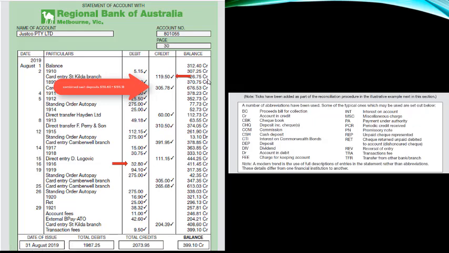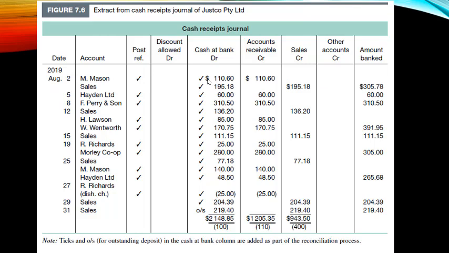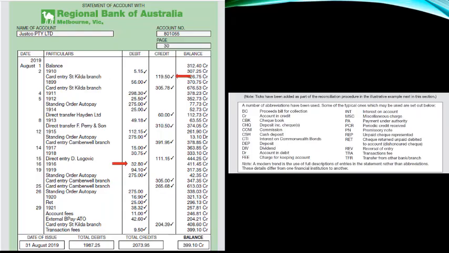Most likely they had combined those. All of these had been cleared by the bank except for this one, the $219.40, which you cannot see here.